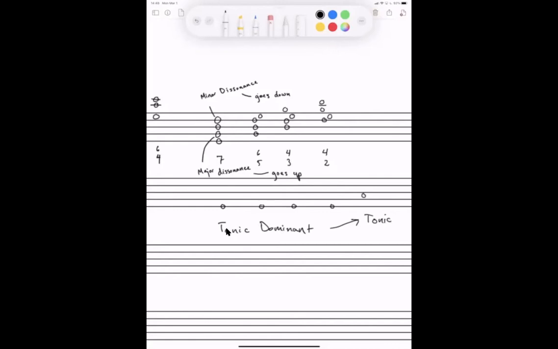Any seventh chord is a dominant of some kind. If it's a seventh chord on a different scale degree, it's not the tonic dominant, it's just a simple dominant. If it's a seventh chord on scale degree 5, which you might think of as Roman numeral 5, it's called the tonic dominant, or in French, dominant tonique, and that needs to go to the tonic, which is the perfect chord.